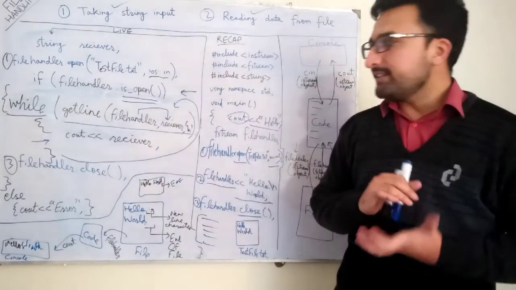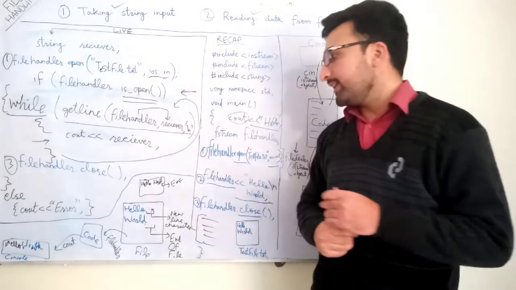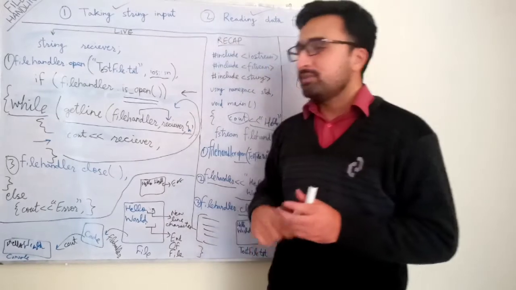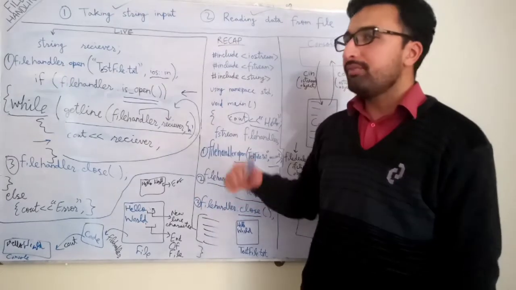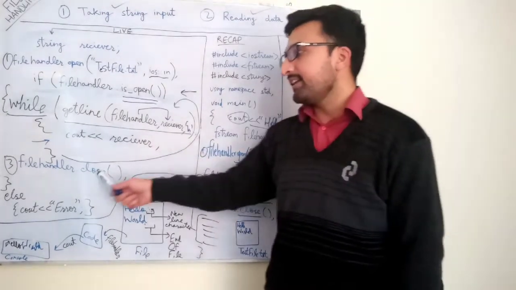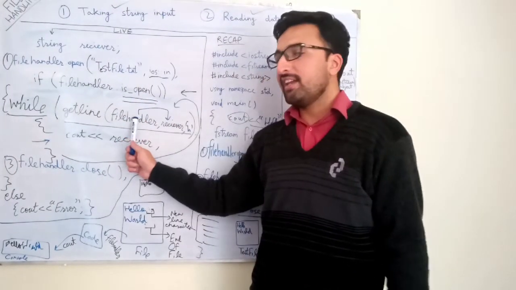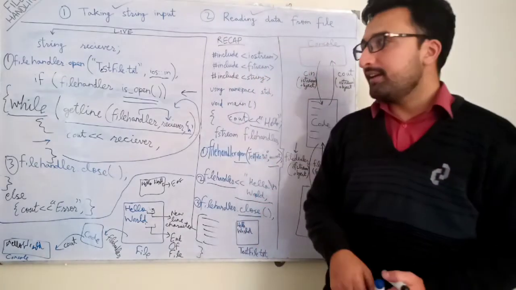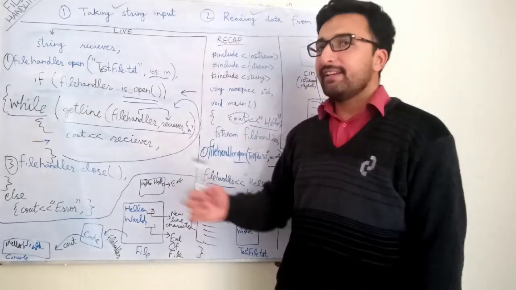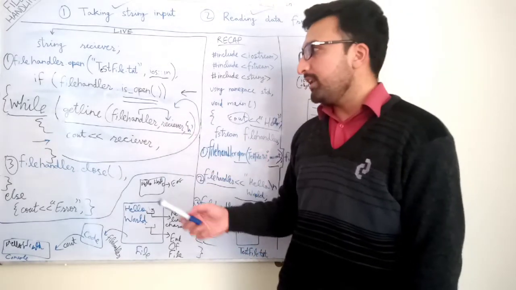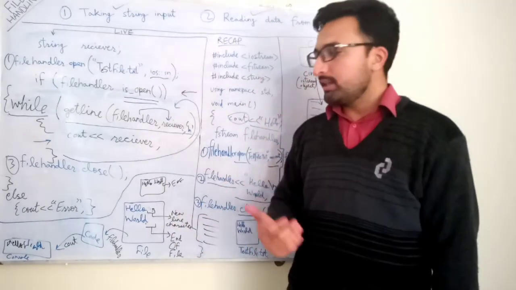So to summarize everything, we studied how we can read data from files. We saw there are 3 steps: opening the file, taking input from the file into our code, and then closing the file. Just like there were 3 steps for writing: opening, writing, and closing, here it is opening, reading or taking input, and closing. Then we said that we need to employ a statement to check whether the file is open or not, and at the very end we introduced a last concept, that we need to employ a loop, because we were not able to completely read all the contents of our file.